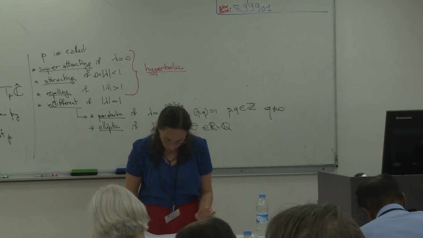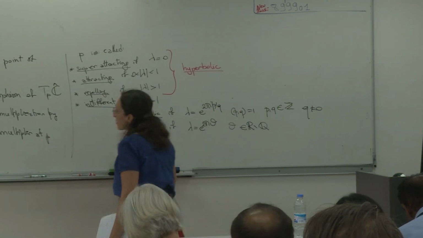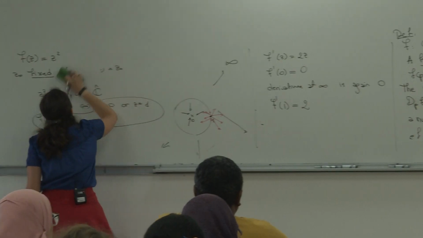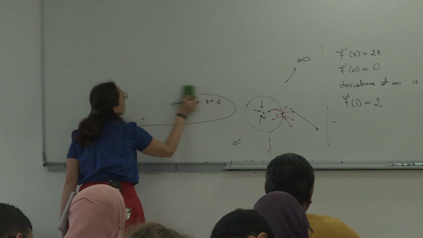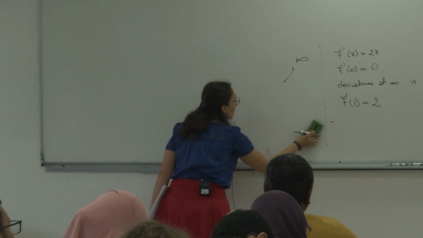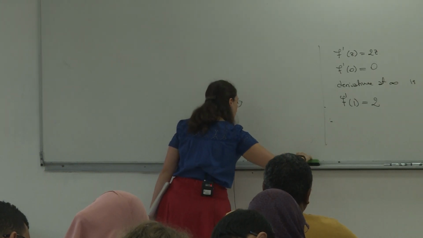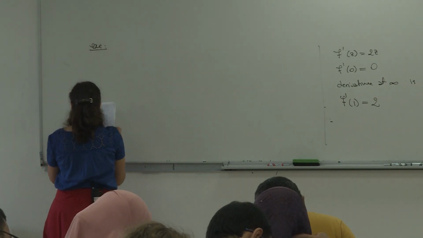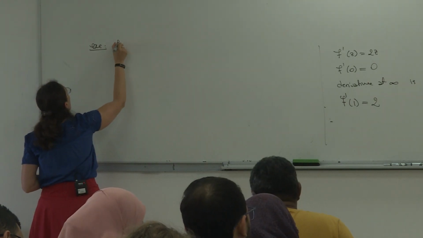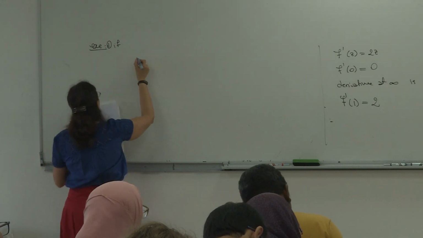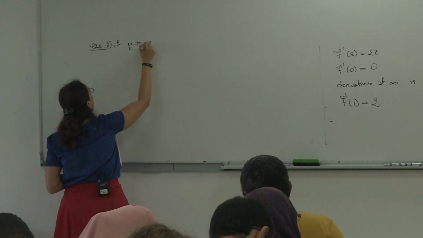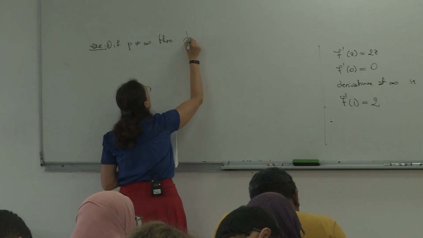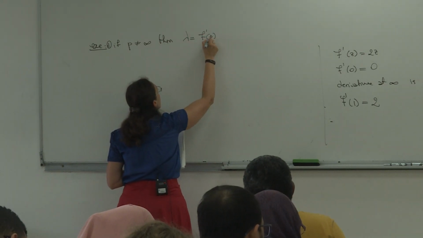All right. So, again, an exercise. The exercise is the following. Point 1: if p is not infinity, then the multiplier lambda is equal to f prime at p.